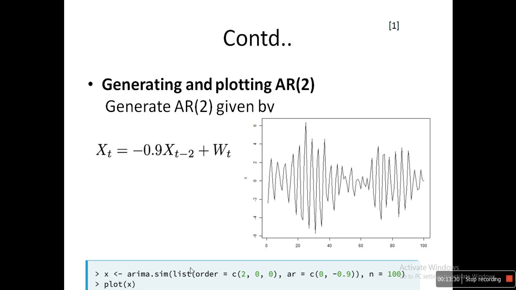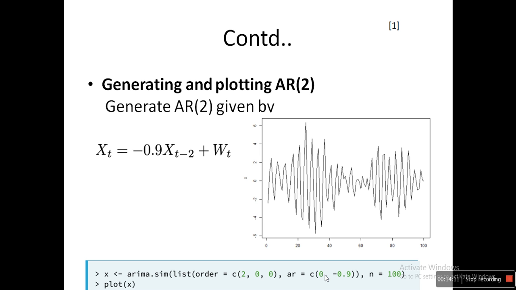As discussed in the previous slide, here we have given the p value as 2, d equals 0 and q equals 0, which means the x terms are 2. So we have to generate the xt minus 1 term and the xt minus 2 term, so we require 2 values.